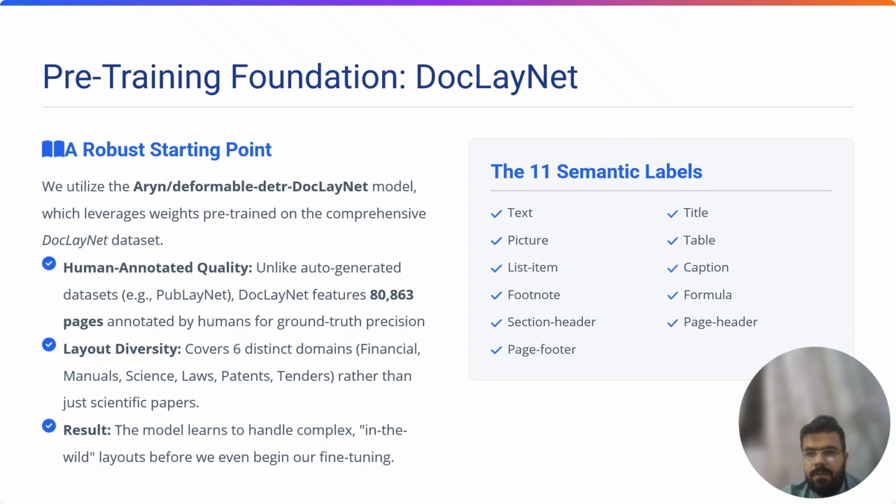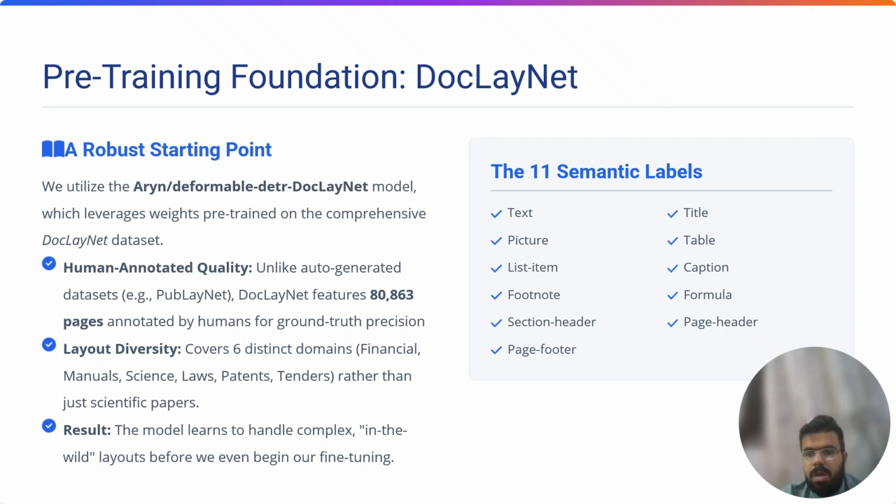It consists of 6 diverse domains like financial reports, patents, and scientific reports. This gave my model a head start, as it already knew what a generic title or table looked like, but it needed to learn the specific styles of magazines.